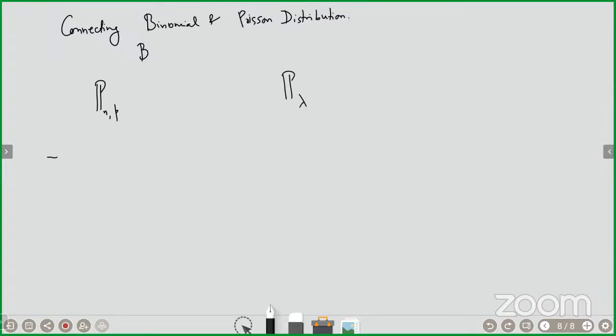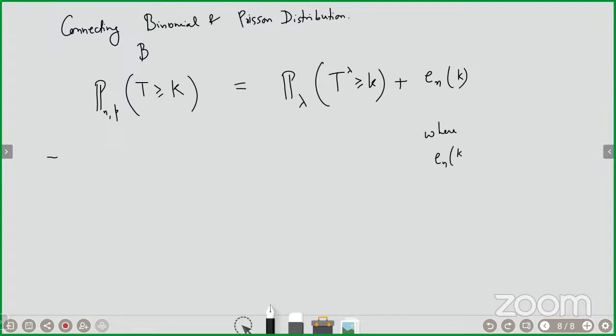So when I'm talking of a branching process with Poisson distribution, we will represent everything with p lambda, and for the binomial, n comma p, two parameters. So p is the same.